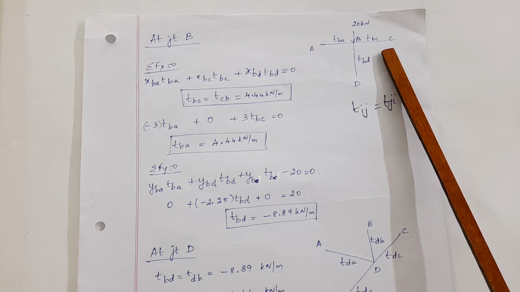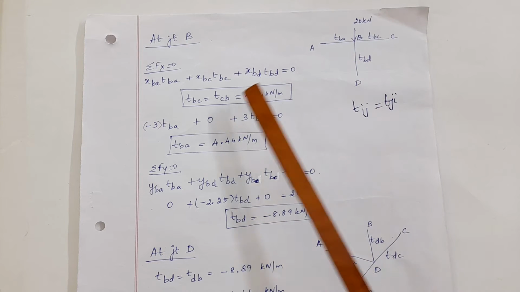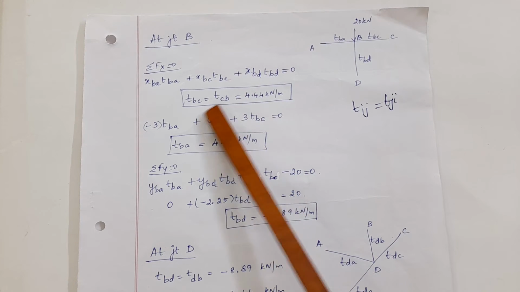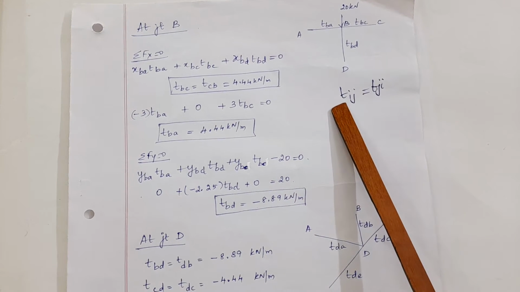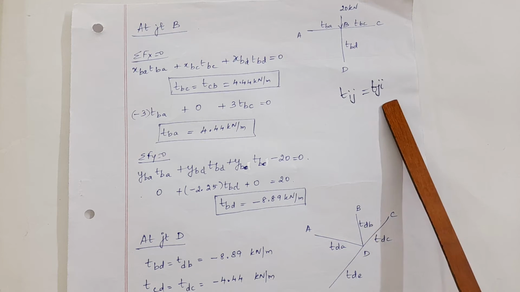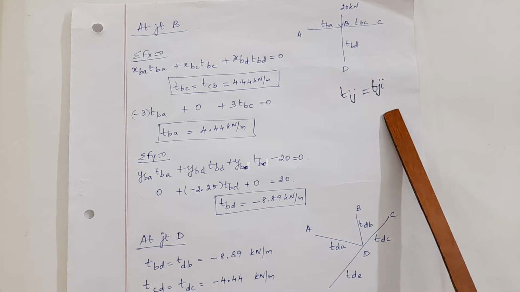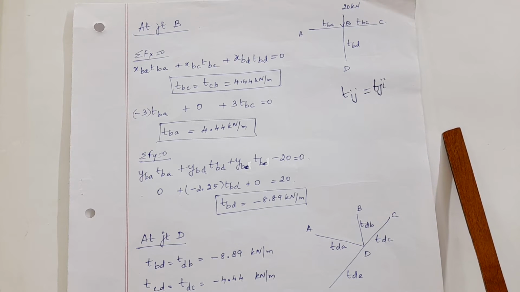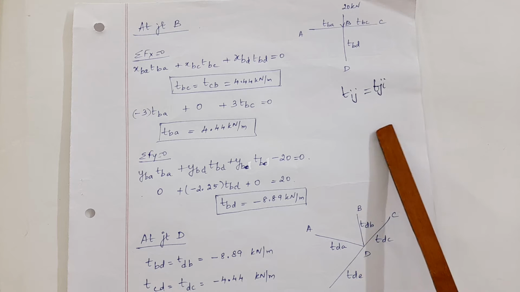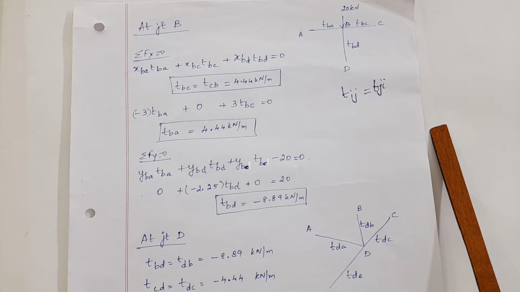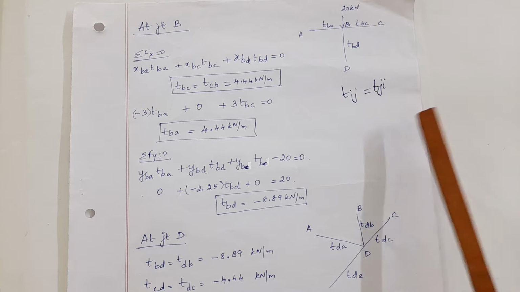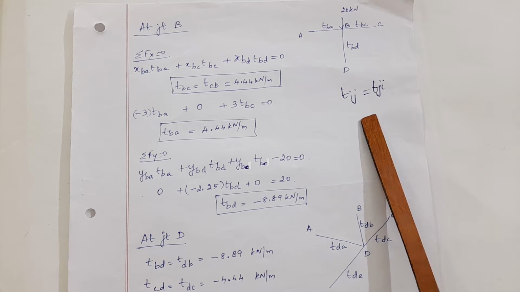So already I have determined the value of TCB in the previous case. That is the same for TBC. It is a coefficient, so I can write Tij is equal to Tji. Previously I wrote Xij is not equal to Xji, but with a negative sign, because near end will be shifted as far end and far end to near end.